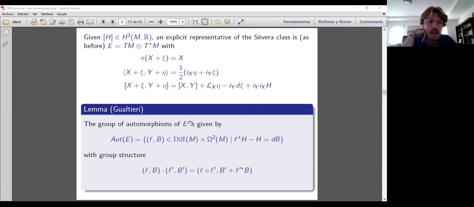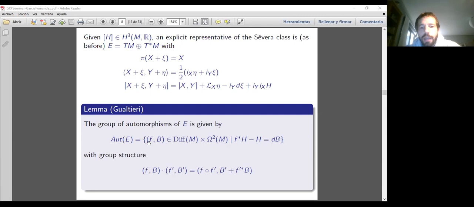The group of automorphisms of E, following the same argument as before, is of the form pairs (F, B) such that F is a diffeomorphism, B is a 2-form on M, and then F star of H minus H equals dB. So the more general symmetries are not given by closed 2-forms, but by this twisted thing. And this is the natural group structure.